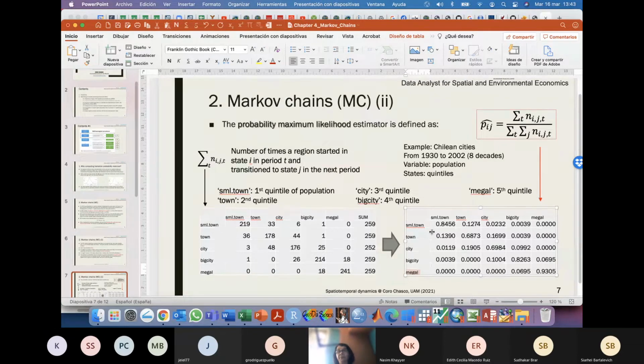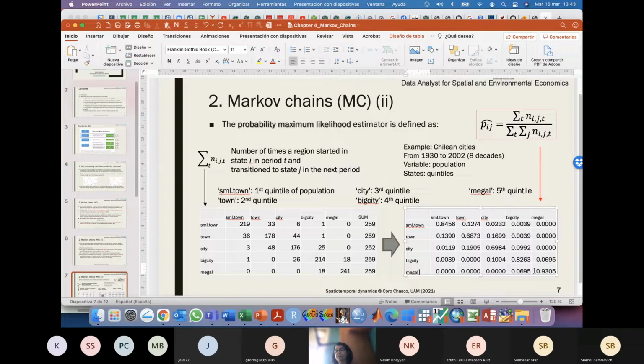In the case of cities, it's very complicated if you are a small town to escape and grow sufficiently to jump up. This is how we should interpret this result, and the same with the megalopolis.